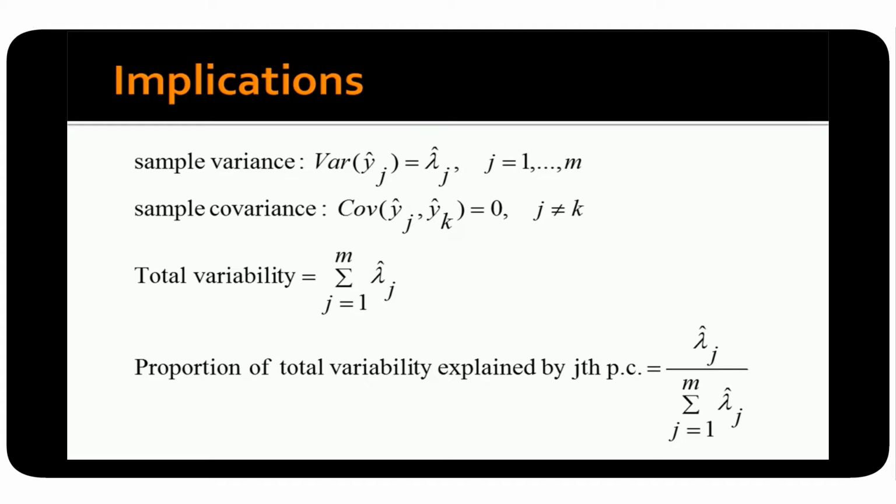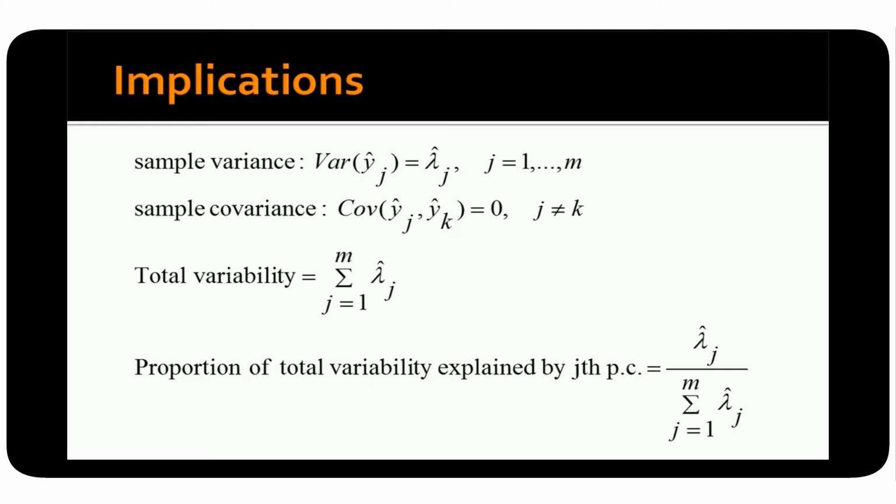And remember, as before, we would be selecting these A's for each of the principal components such that it is orthogonal to the previous ones. So, the sample covariance between two principal components, that is yj hat and yk hat, would be equal to 0 for all j not equal to k.